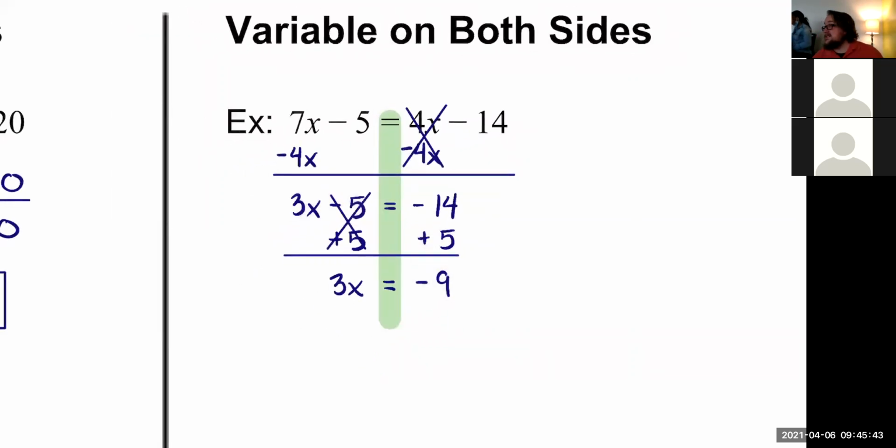Then last but not least, divide that 3 from both sides because we still need that 3 to move. So the 3 divided by 3 is a +1, which hides. -9 divided by +3 gives me a -3.